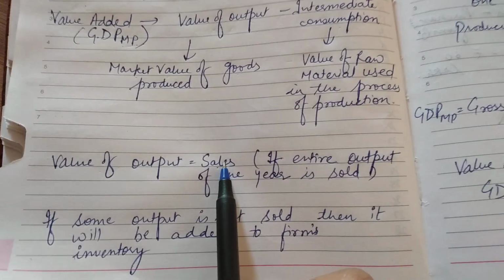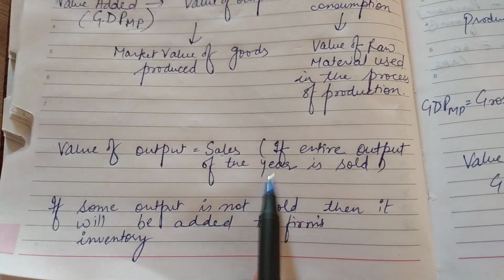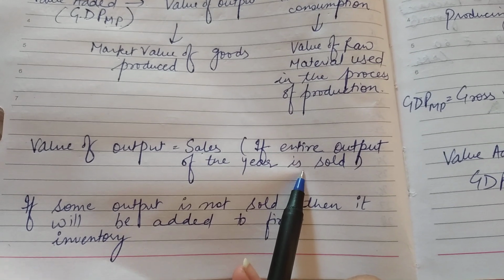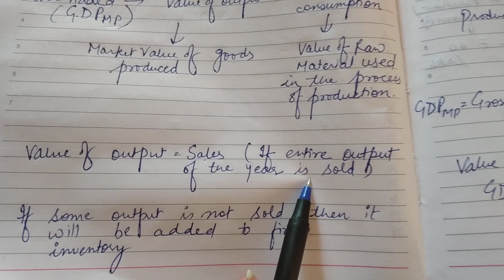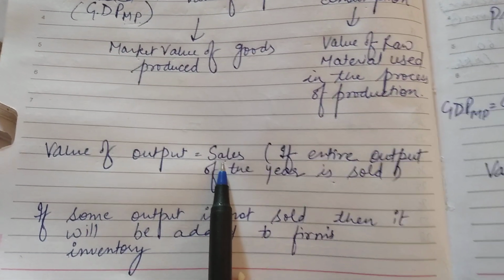Here we are having two cases. First, if the entire output of the year is sold, that simply means whatever number of units are being produced, that is sold in that particular year only, then value of output will be equal to the sales.